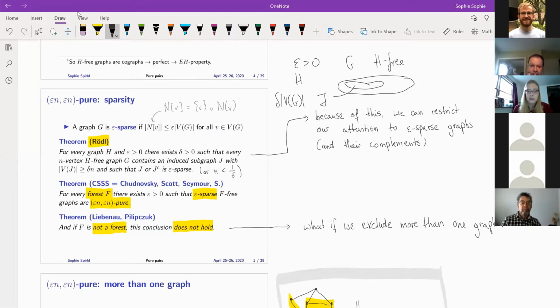Or it could be that G is just small. But we can ignore that because small graphs don't make a difference here. We can always deal with them separately.